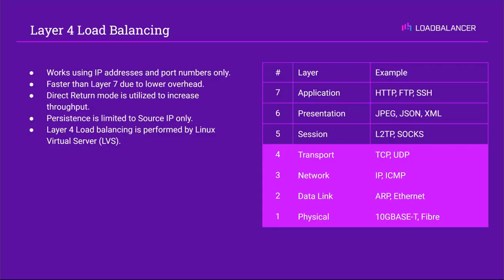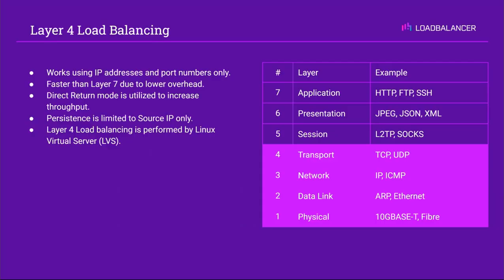The good side of layer 4 is that it is much more performant than layer 7, as we utilize the Linux Virtual Server module of the kernel, which means this is working in the kernel rather than in user space, which produces less overhead.